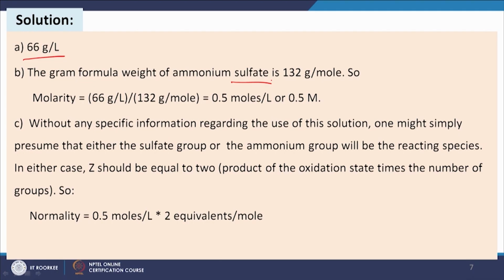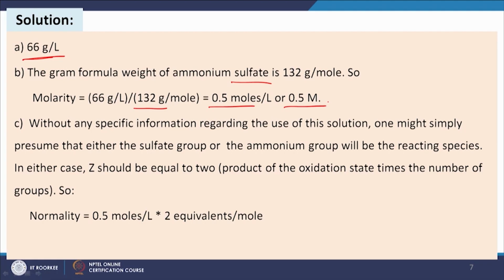So, molarity equals how much? How many moles will be there in this 66 gram of material? That will be 66 gram per liter divided by 132 gram per mole, which gives 0.5 moles per liter, or the strength is 0.5 molar.